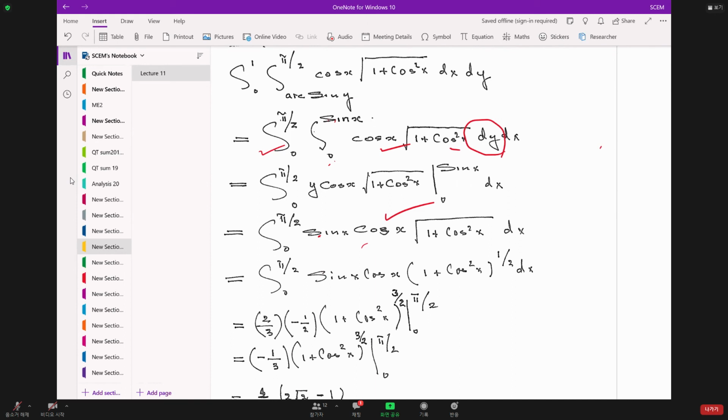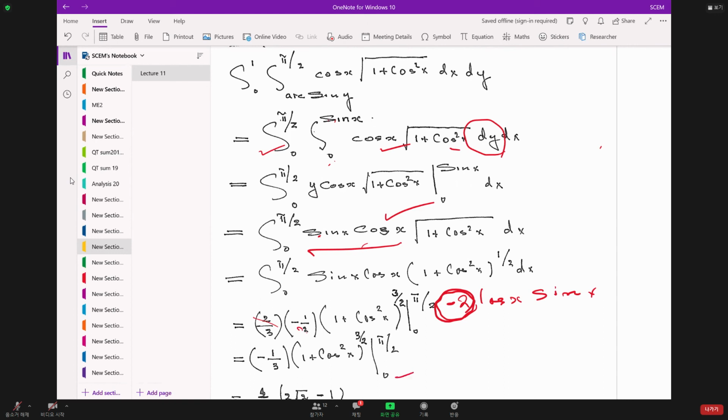When you differentiate cos, you get minus sine x. But you have a cos x sine x here, and when you differentiate you have a minus 2, so to compensate you put a minus half. That and that cancels off, minus 1/3, and this is the direct integral. Just put pi by 2.